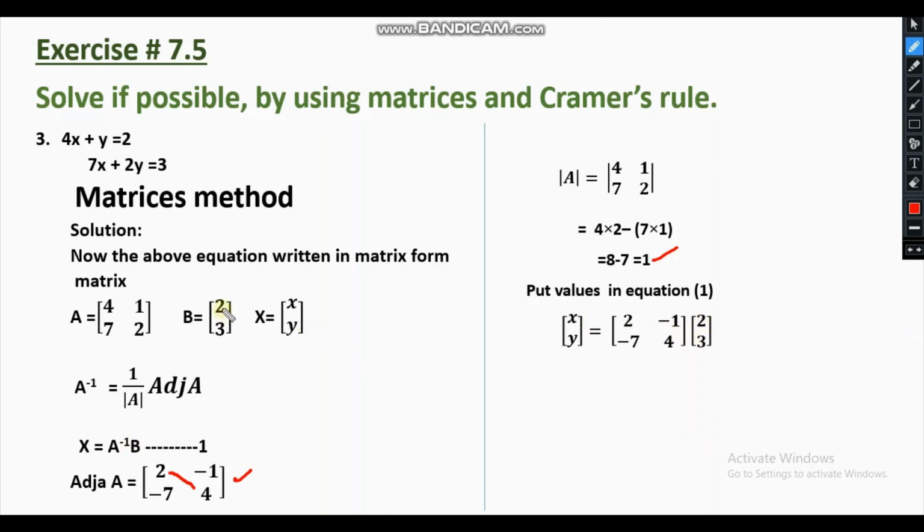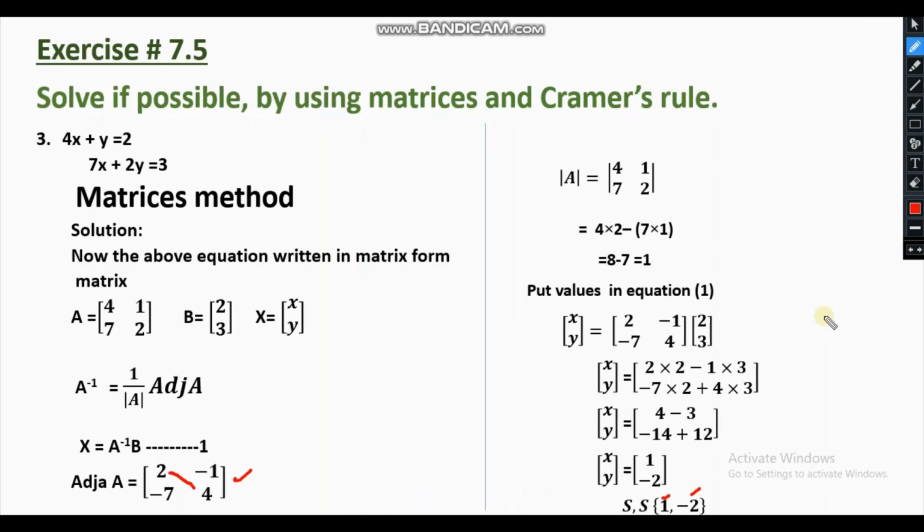Since mod of A is 1, we neglect the division by 1 and write it in this form. So these are the values of x and y: 1 and minus 2.